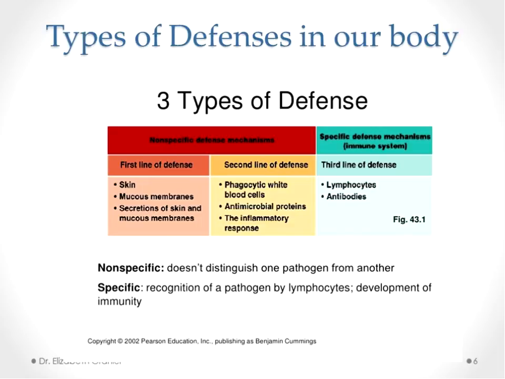And this is where our specific defenses come into play. So should something get past our first tier and second tier of defenses, should something survive and continue to propagate and take over areas of the body or cells, this is where our antibodies and our specific defenses come into play. And their first goal is they have to find that antigen's presence, that pathogen's presence.